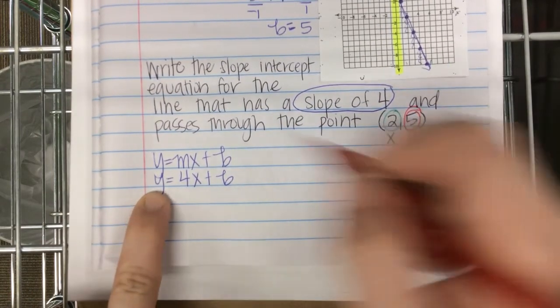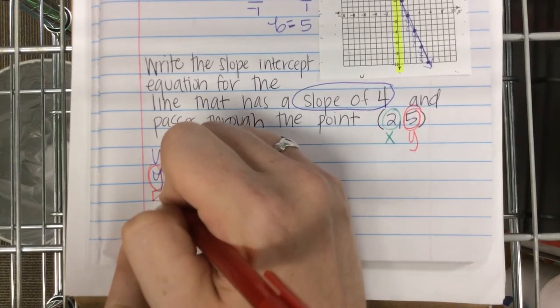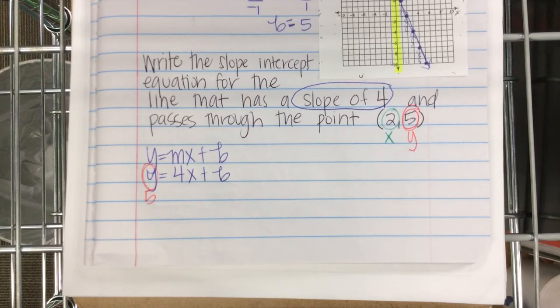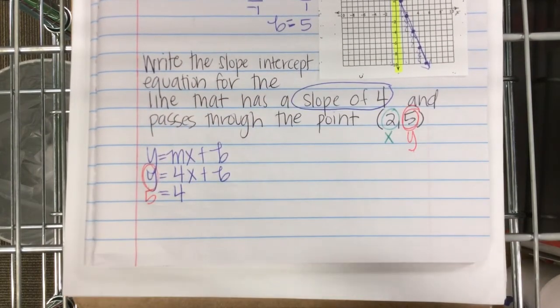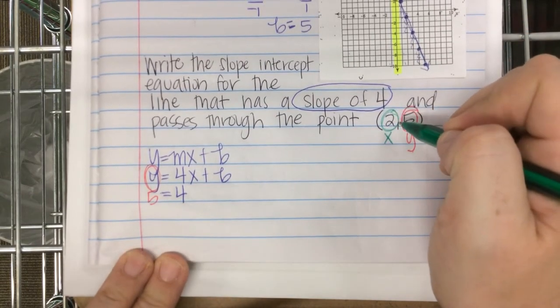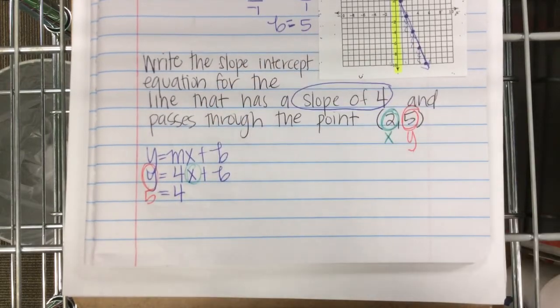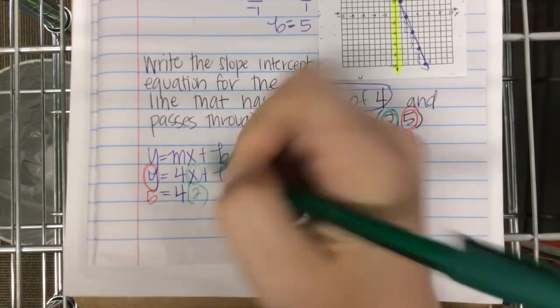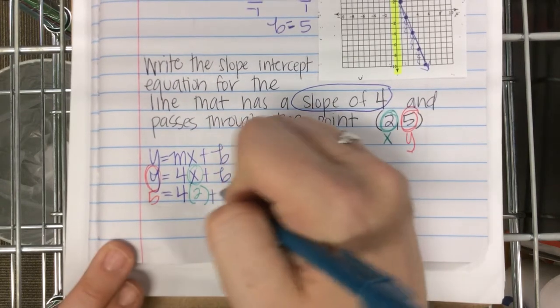Right here. 5 equals 4. Where can I put my 2? My x value. Times 2 plus b.